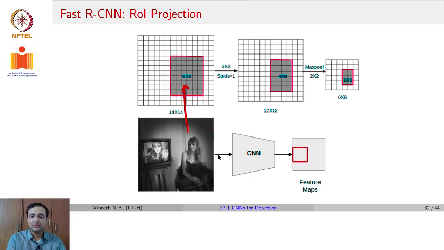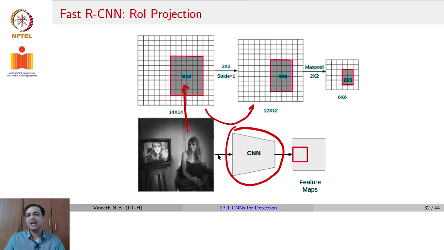Remember that your CNN follows a set of steps where the image gets, in most likelihood, downsized as you go through each iteration, because if you perform convolution, the image size reduces. If you perform pooling, it further reduces, and so on. So you take the same region proposal's dimensions, keep forward propagating it through a similar set of operations, and you would notice that this 6x8 patch maps to this 2x3 patch on the feature maps.